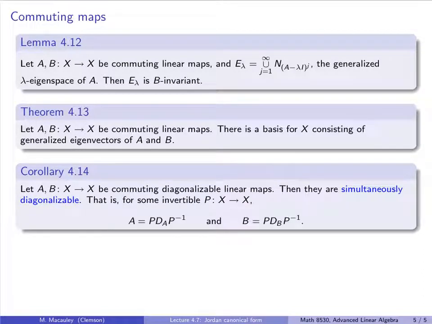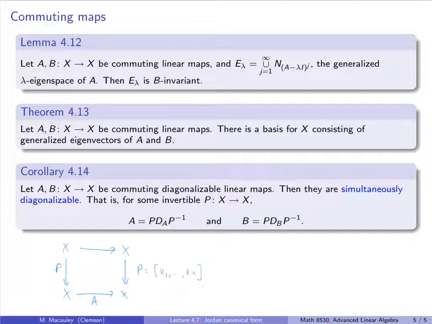And by that I mean there is some invertible matrix P that diagonalizes both of them. And of course we know with our little picture that I keep coming back to that P is the basis. P consists of the eigenvectors v1 up to vn. So in other words, there is a basis for x of common eigenvectors for A and B.